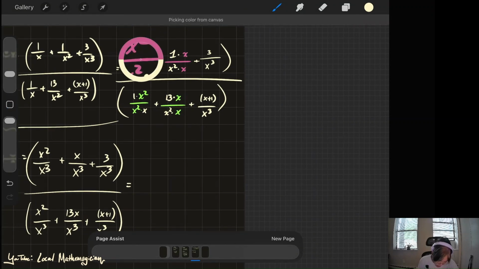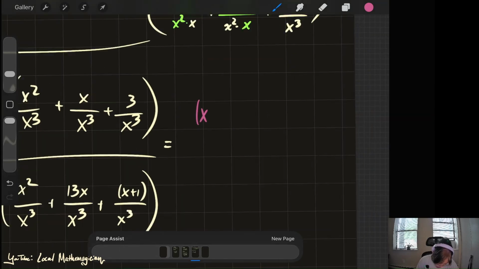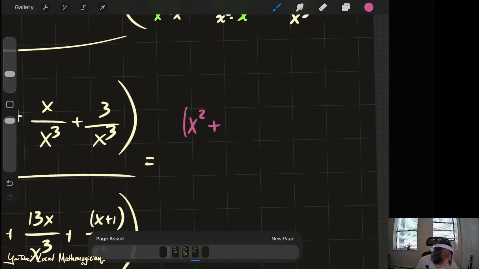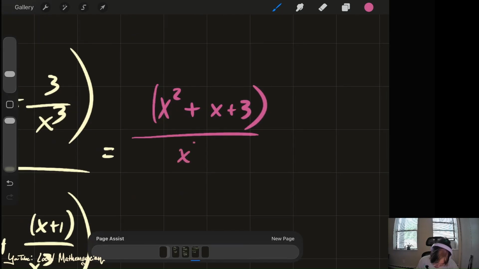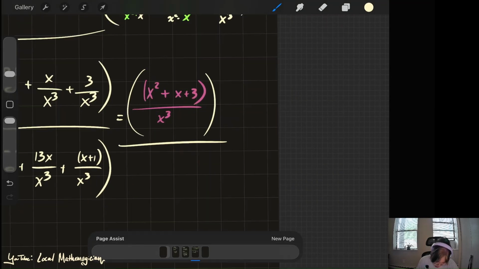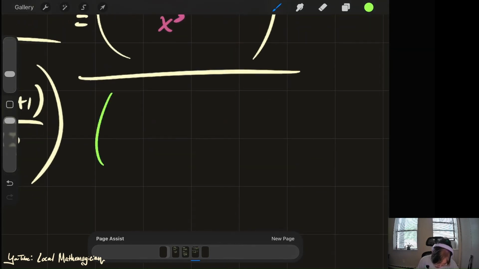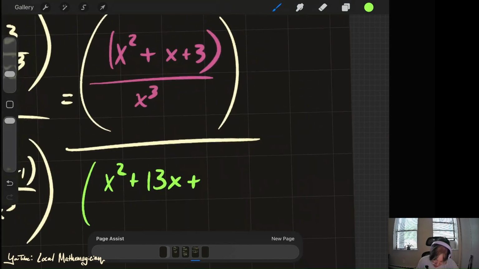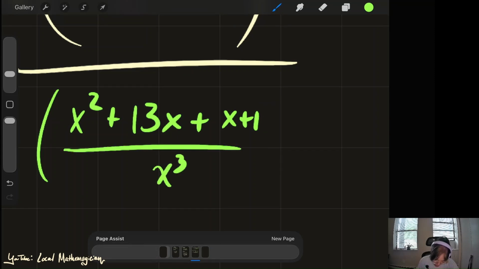I'm going to go back to my color coding situation. We're going to be x squared plus x plus 3 all over x cubed, the whole thing divided by, let's see, x squared plus 13x plus x plus 1, like that, over x cubed.